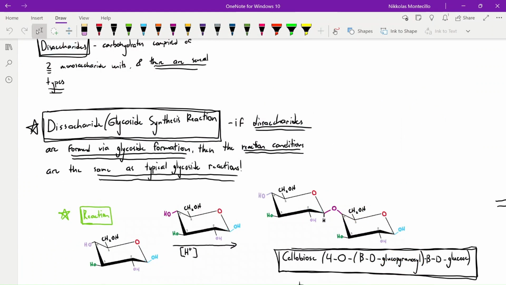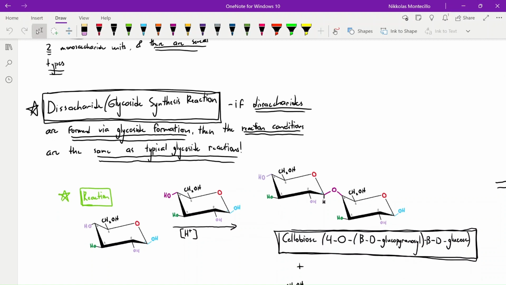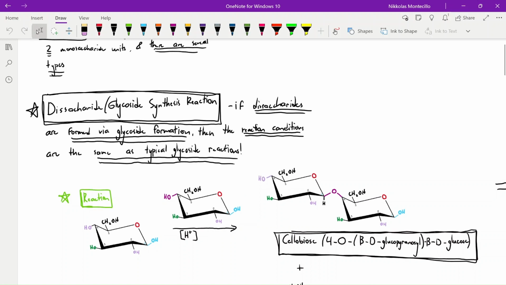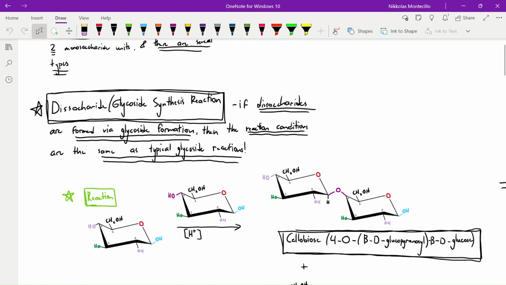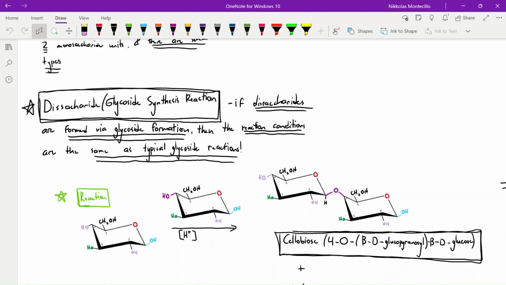With the idea of glycoside formation in mind, let's go through disaccharide synthesis reactions. So from the reactions we saw with glycoside formation, if disaccharides are formed via glycoside formation, then the reaction conditions can be considered the same as typical glycoside reactions.